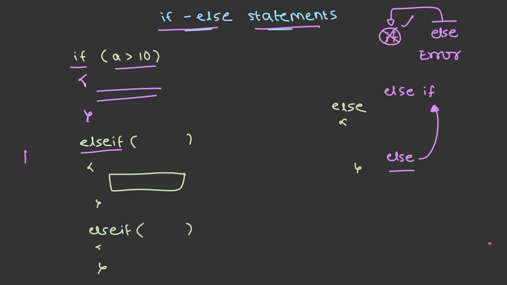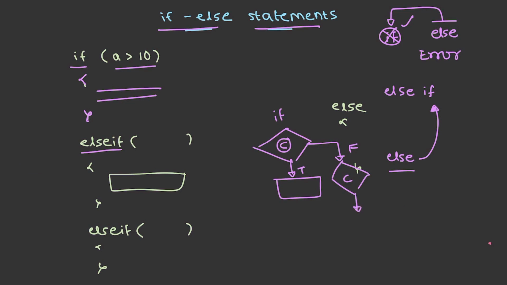If we have entered this block, then it will try to come out of everything. In this if-else structure, initially we have a condition which is if. If the condition is true, we will enter the block. If the condition is false, again we have another condition. If the condition is true, it will enter.